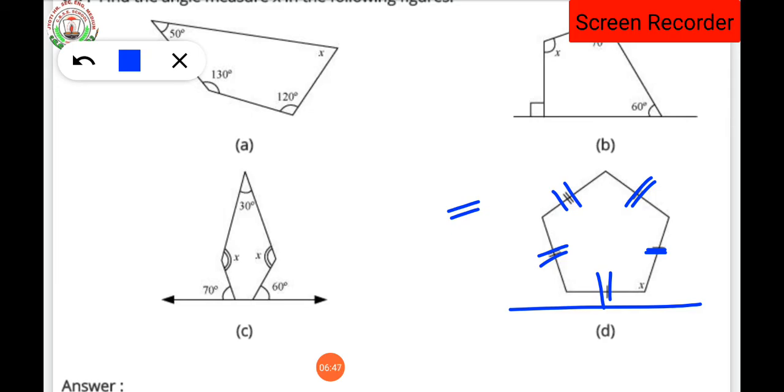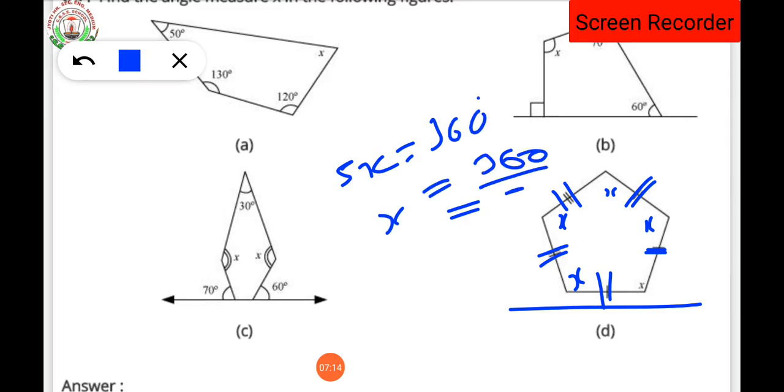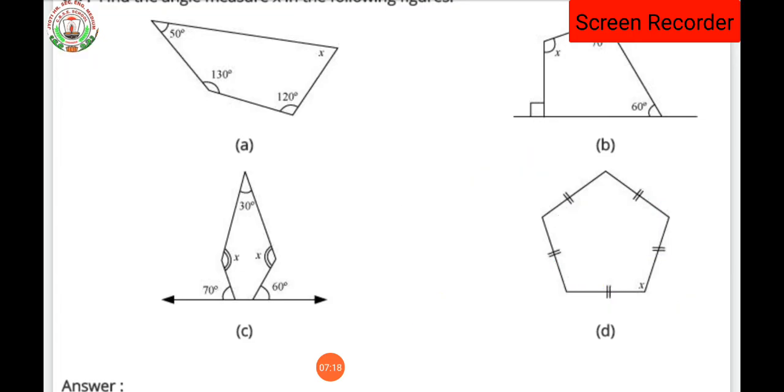Therefore, if it is equilateral, meaning the distance between two vertices is the same, it will be equiangular. So every vertex will have the angle x. So x plus x plus x plus x plus x, that means 5x is equal to 360 degrees. Then you will get the required answer when 360 is divided by 5. Clear, everyone? Now you will ask me about the C part of the question, student.